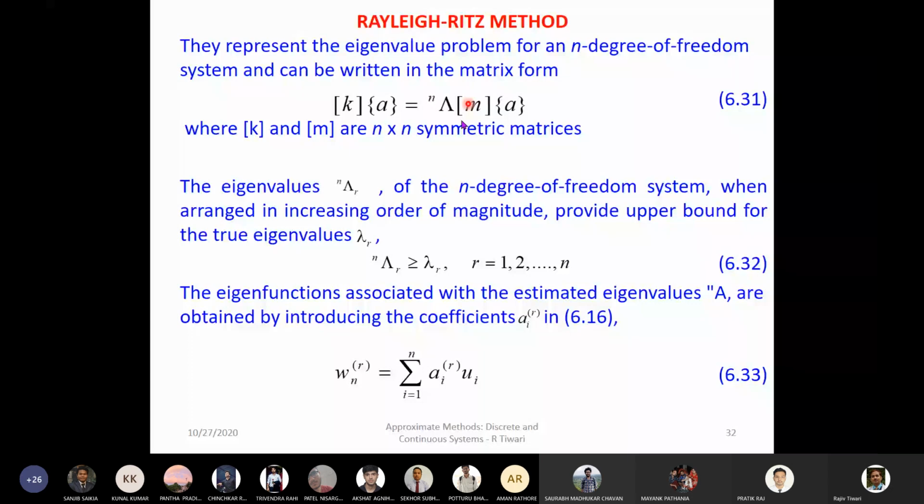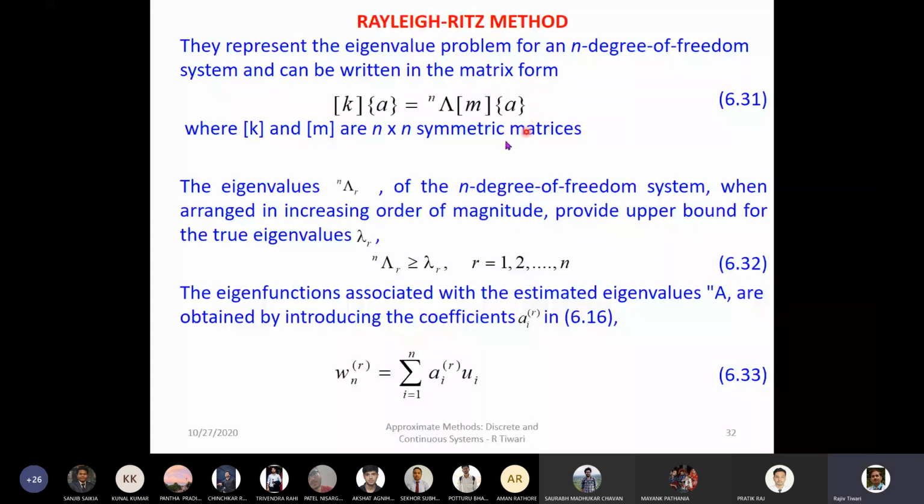And lambda is the approximate value of the eigenvalue, multiplying the mass matrix and A. So we started with the continuous system, and we got an eigenvalue problem of the discrete system, the eigenvalue problem of an n degree of freedom system. So with this approximate Rayleigh's method, when we discretize the continuous system to an n degree of freedom system, we got the equivalent eigenvalue problem.